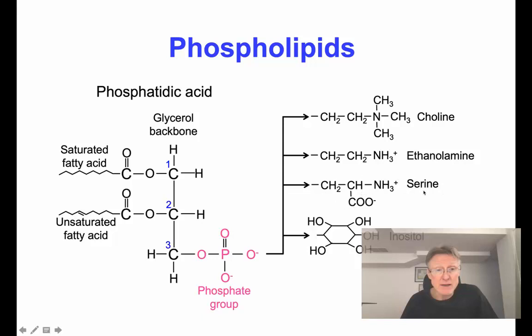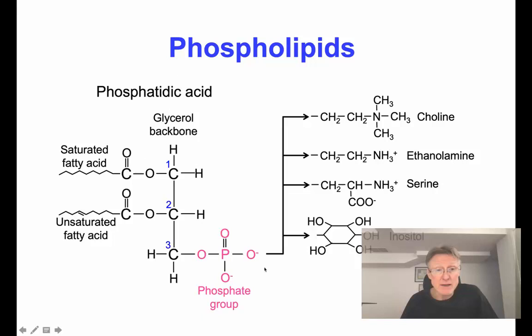And lastly, if we have this inositol group, which is rich in hydroxyl groups, you form the phosphatidylinositol molecule. So you have all these different forms of phospholipids in your cells, and it depends on which of these molecules is bound to the phosphate group. And if we only stick to this half of the molecule, that's what we call phosphatidic acid.